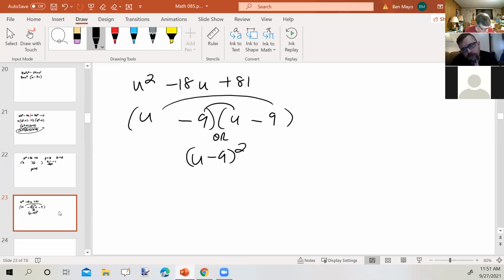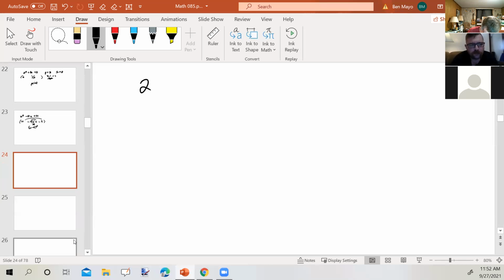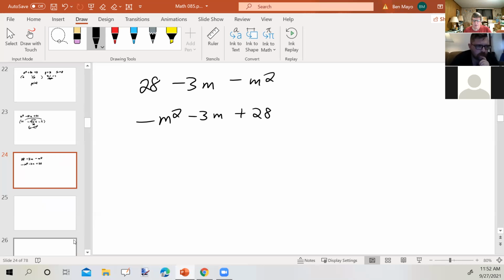Okay, let's see here. How about this one? 28 minus 3m minus m squared. This is a trinomial. It's not in standard form, so let's put it in standard form. The leading coefficient is not a 1, so let's factor out a negative.